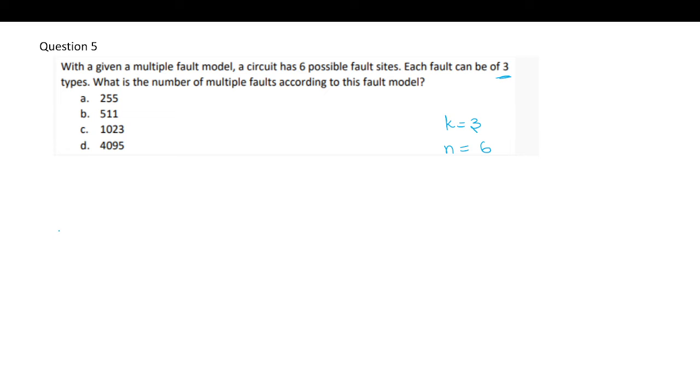The formula for the number of multiple faults is (K plus 1) to the power n, minus 1.